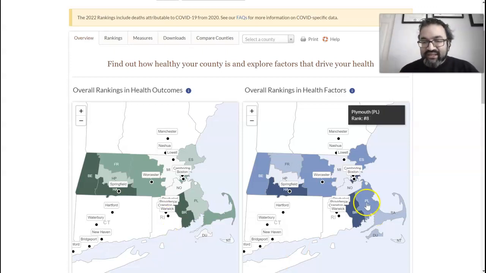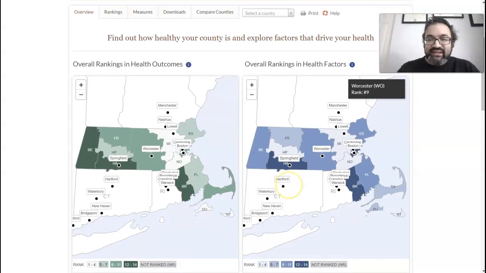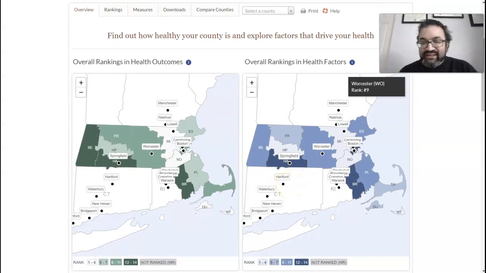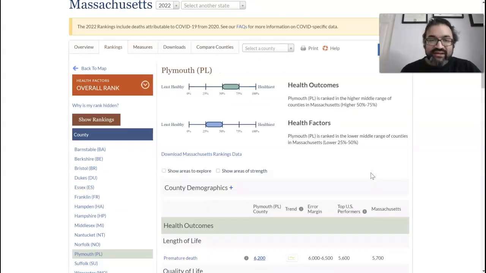So we can take a look at some of these counties on the left and the right. Maybe you can click on Plymouth, and you can quickly see the health outcomes are ranked in the higher middle range. Plymouth also ranks in the lower middle range of counties in Massachusetts when it comes to health factors.